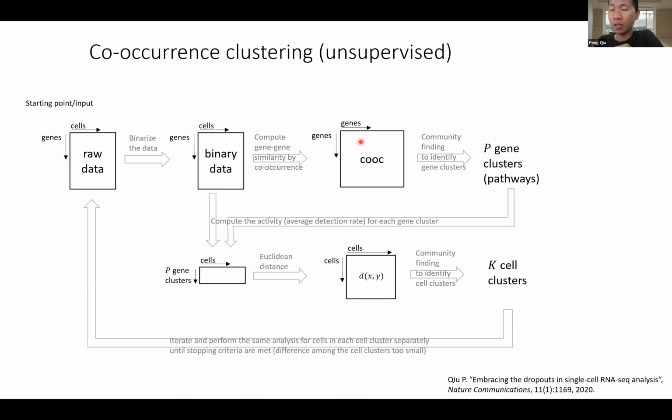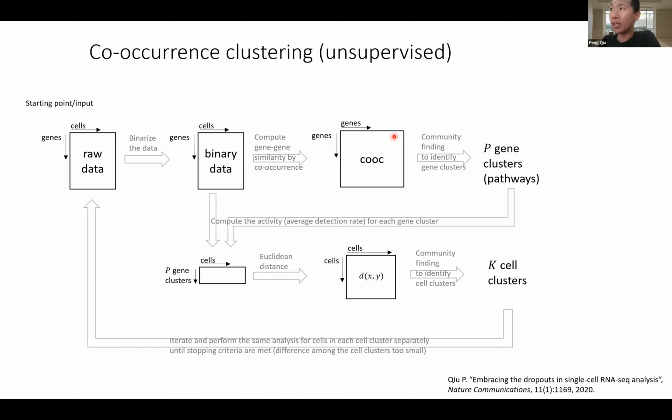But if two genes are mutually exclusive from each other, so they're detected in distinct sets of cells, or their detection is just random, sometimes they're seen in the same cells, sometimes only one of them is seen, right? In that case, the two genes do not co-occur and their co-occurrence value will be close to 0.